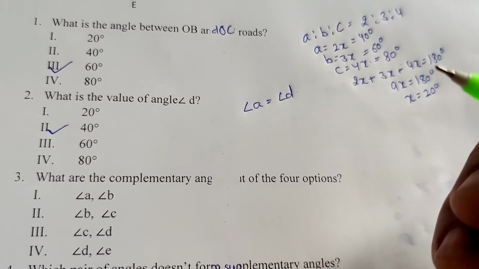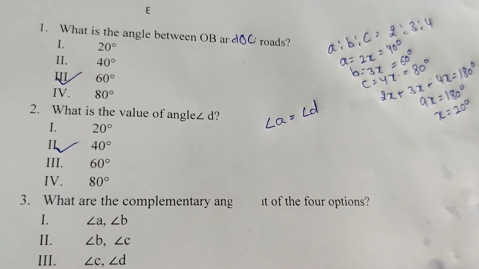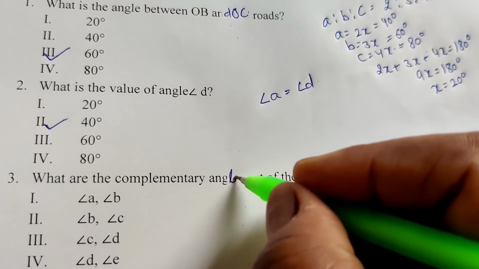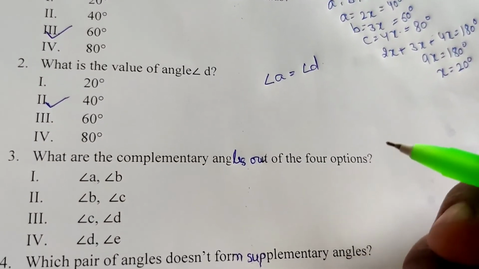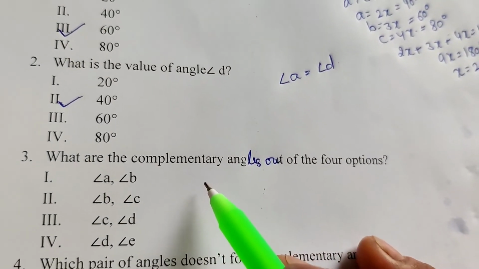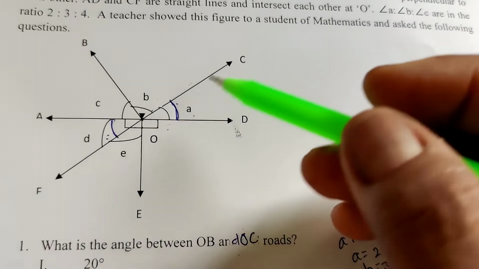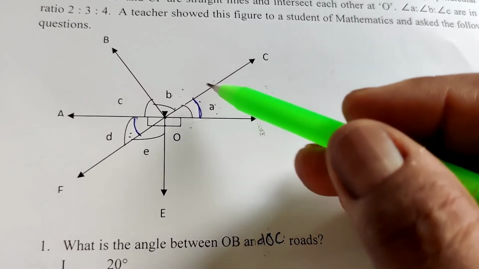Now, what are the complementary angles out of the 4 options? Complementary means the sum of 2 angles equals 90 degrees. See AB, BC, CD and DE. The sum of A and B is not equal to 90 degrees.